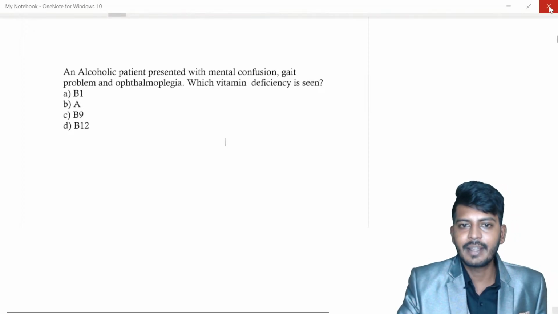Yes, 1 second. There is some issue with the OneNote. Just let me open it once again. आएगा मेरा screen आएगा. Just 1 second.